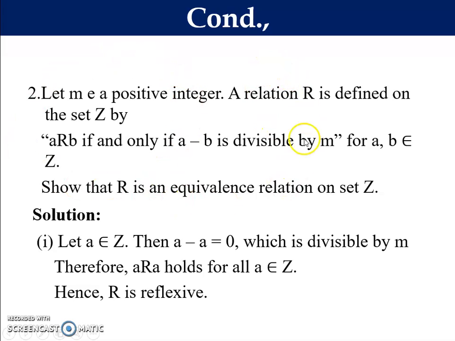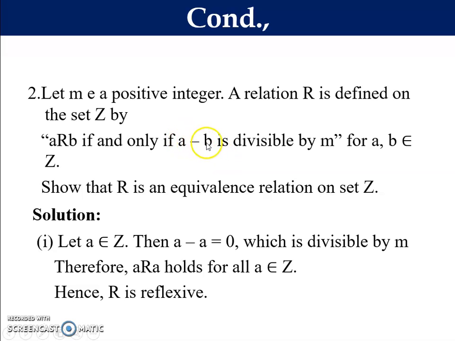So what is the relation given? a R b if and only if a minus b is divisible by m. Let us take the first one. We are going to check for reflexive. So I take a belonging to Z. Then the relation is a minus b is divisible by m, but I have taken only one element, a.